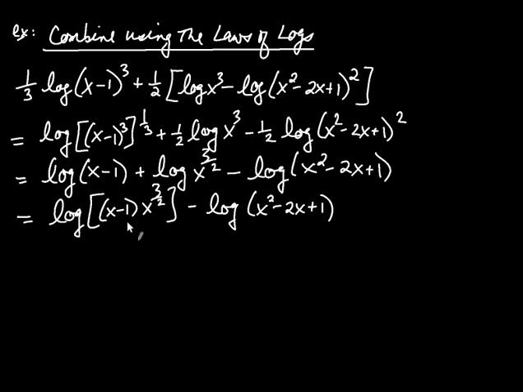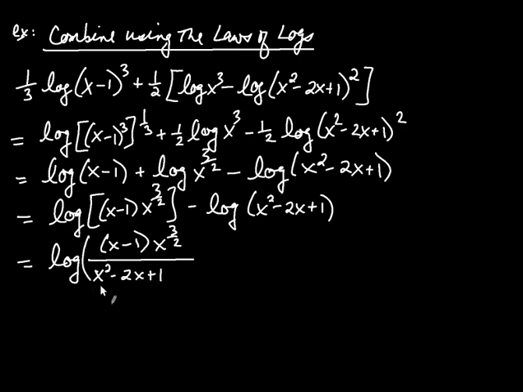Now it's the difference of two logs. When you have a difference of two logs, you can write that as the log of a quotient, the log of this divided by that. So all of this goes in the numerator: x minus 1 times x to the 3/2, divided by x squared minus 2x plus 1.